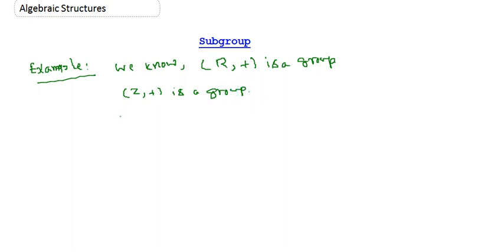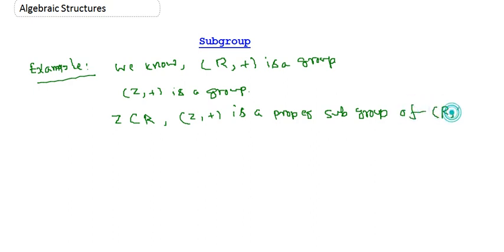Because the set of integers is a subset of the set of real numbers, we can say that Z plus is a proper subgroup of the group R of real numbers under addition. So this is one of our examples of a subgroup.